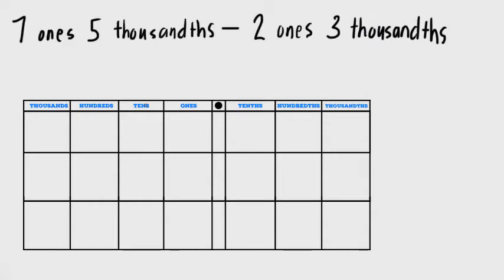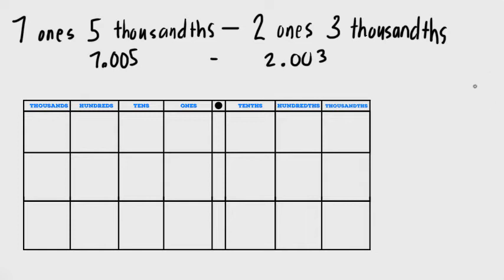So we have 7 ones and 5 thousandths, take away 2 ones and 3 thousandths. So there's our problem. I'm going to go ahead and rewrite this problem right off the bat so I can visualize it. I know that 5 is in the thousandths place, so I need to put zeros in there to maintain it. And then we have the 2 ones and 3 thousandths.